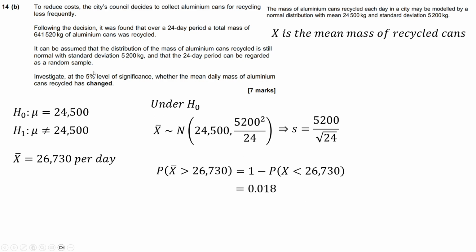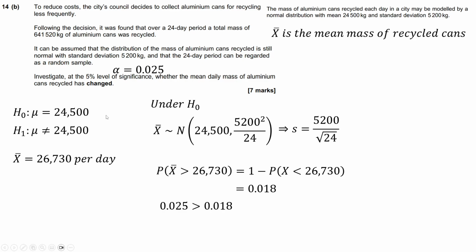Now just be careful about the significance level, because it's a two-tailed test. We're going to have a significance of 2.5% in each tail, so alpha actually equals 0.025. Now 0.025 is actually greater than 0.018, so we reject H0, because the probability of this occurring is so small that it causes us to doubt how believable H0 is.